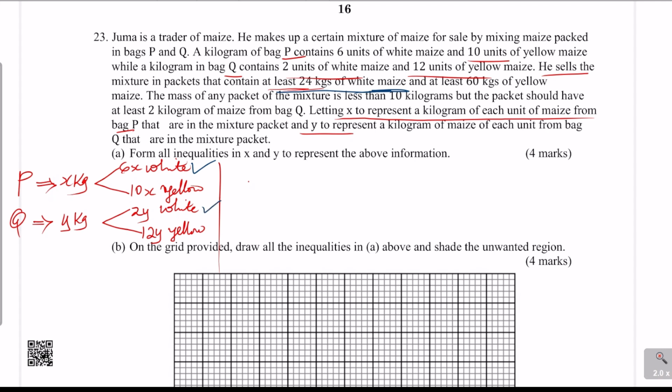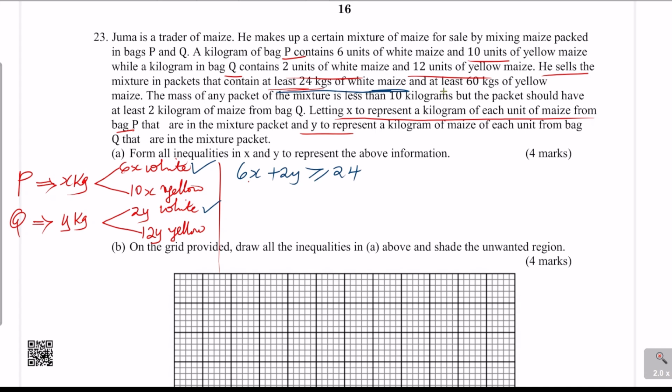At least 24 kgs means 24 kgs or more. So if I take the kilograms of bag P of white maize, which is 6X, and add the kilograms in bag Q of white maize, that is 2Y, that should be greater than or equal to 24. That is the first inequality.